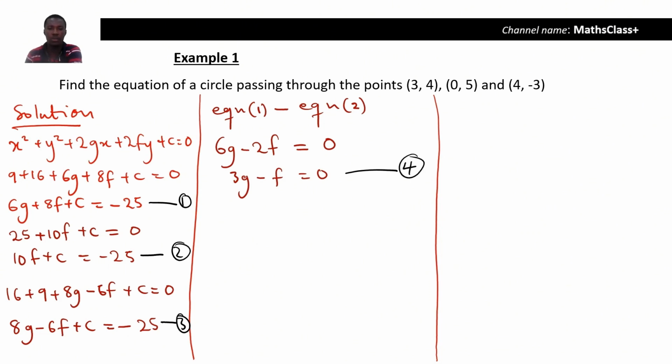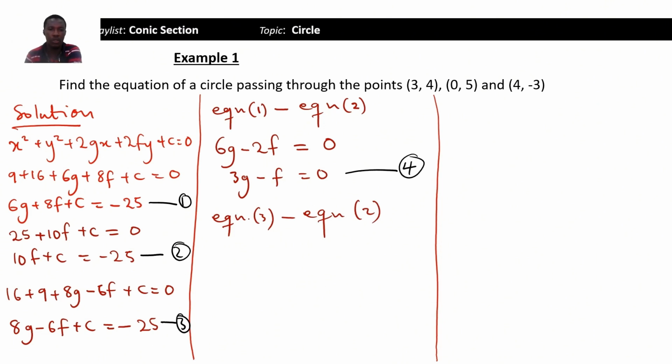Then I will also subtract equation 2 from equation 3. So equation 3 minus equation 2. Equation 2 still doesn't have a g factor.